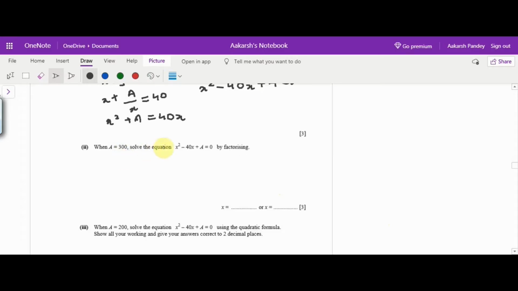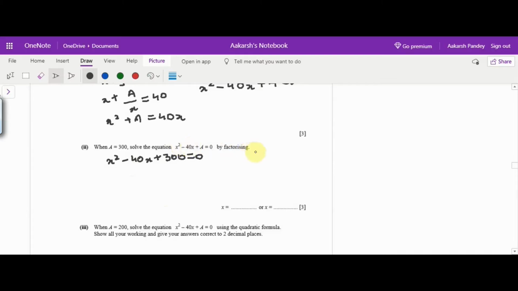When a is 300, we have to solve by factorizing. x square minus 40x plus 300. Now we have to break this 300 into some factors, which when we add them we get 40, or minus 40 actually, to be precise.